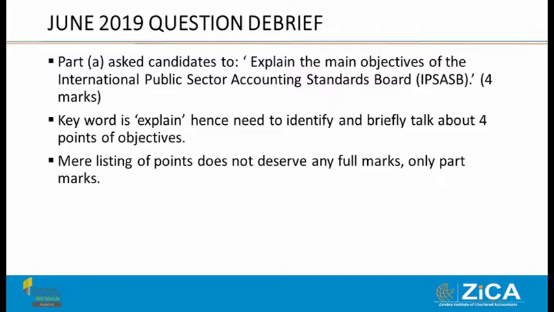So for example, to promote the use of international public sector accounting standards. The next point would be to develop accruals-based public sector accounting standards. Those are the objectives. If you mention 4 of them, that is enough to give you those 4 marks.